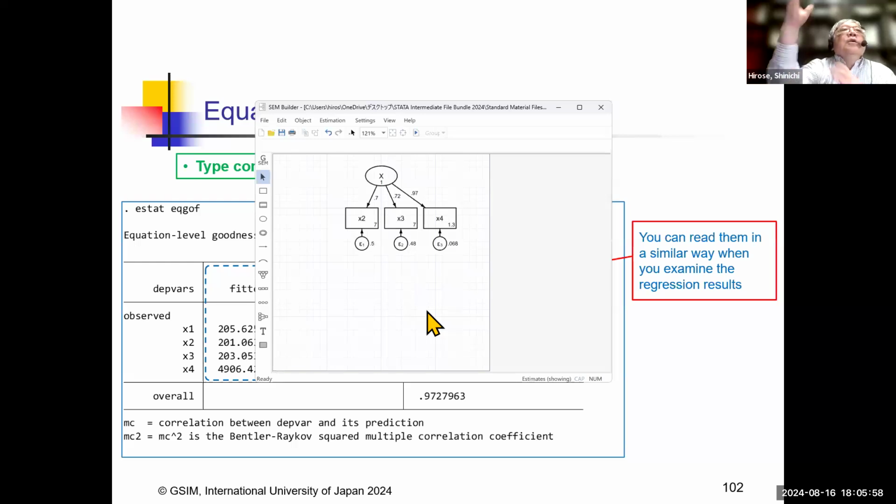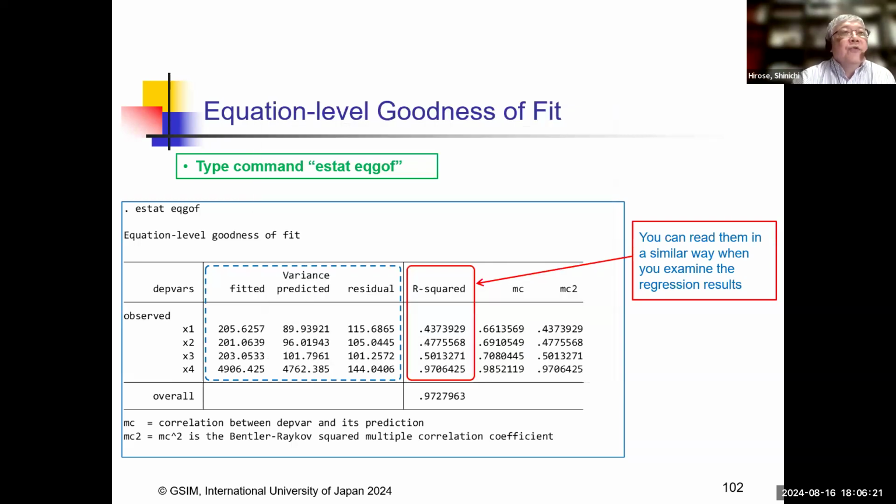However, sometimes, very often you need to tweak the model so that the goodness of fit becomes very good. Okay. So please remember that to run a good SEM, very often you need to conduct trial and error.